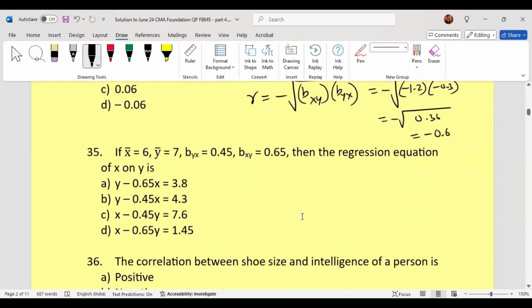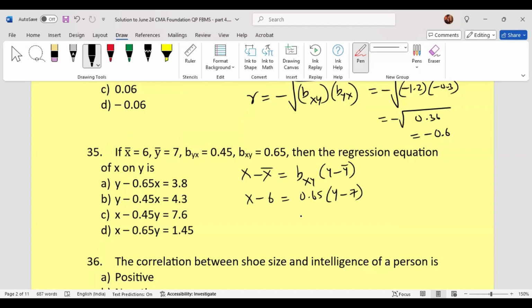Next one. If x bar is equal to 6, y bar is equal to 7, byx equal to 0.45, bxy equal to 0.65, then the regression equation x on y is. Regression equation x on y will be x minus x bar is equal to bxy times y minus y bar. So it is x minus 6 is equal to 0.65 times y minus 7.